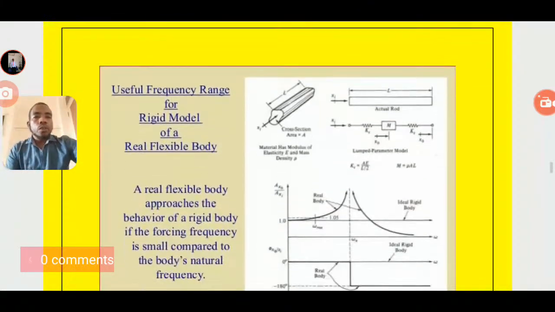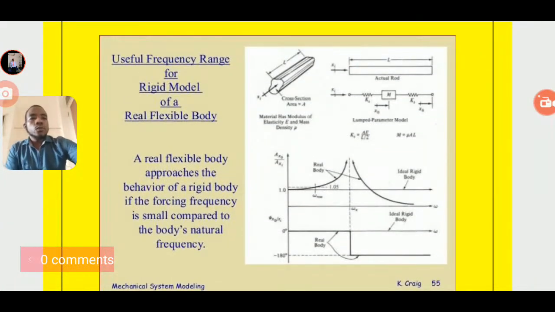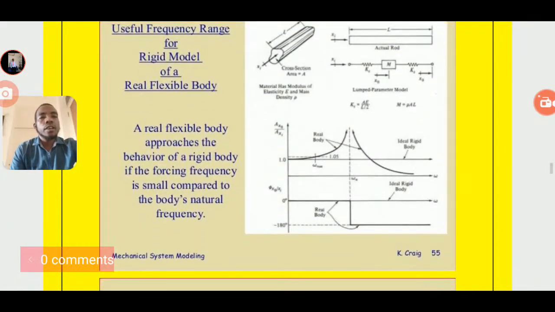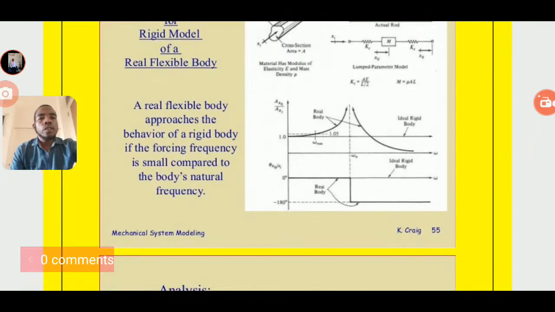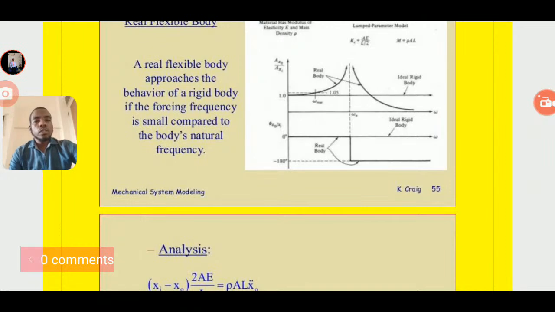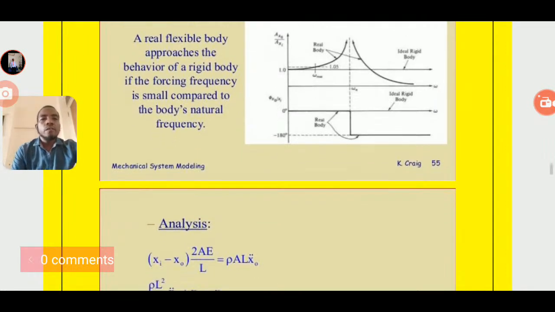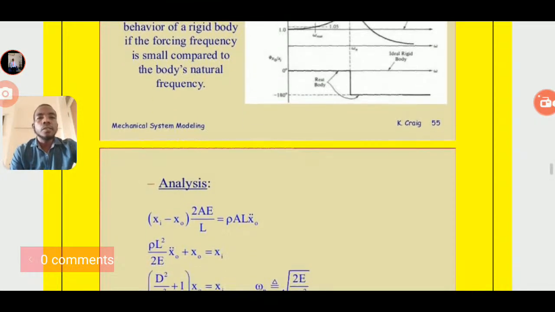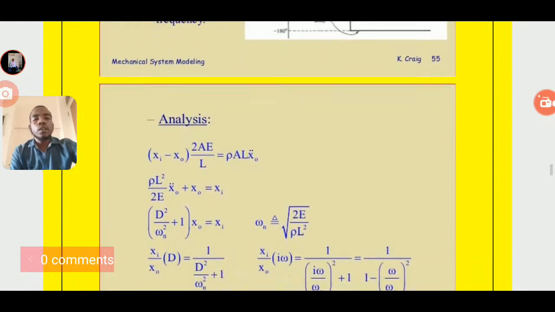Okay, so here there is a useful frequency range for a lumped model of a real flexible body. A real flexible body approaches the behavior of the ideal body if the forcing frequency is small compared to the body's natural frequency.